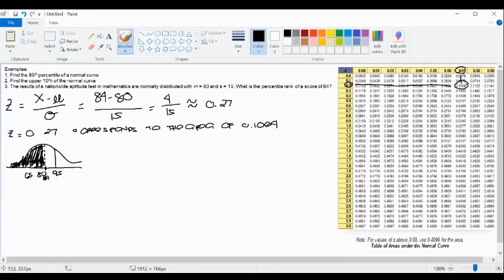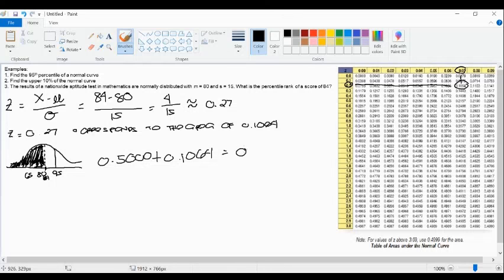Okay? So, first, let's get the total area below z equal to 0.27. To answer that, we have 0.5000 plus 0.1064. Okay?